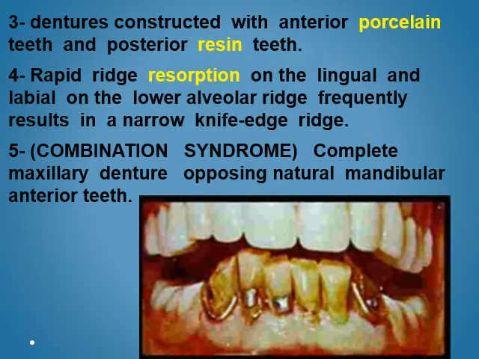Dentures constructed with anterior porcelain teeth and posterior resin teeth, because the anterior porcelain is a good conductor of force, transmitting it directly to the ridge. Rapid ridge resorption on the lingual and labial surfaces of the lower alveolar ridge frequently results in a narrow knife edge ridge. Combination syndrome: complete maxillary denture opposing natural mandibular anterior teeth.